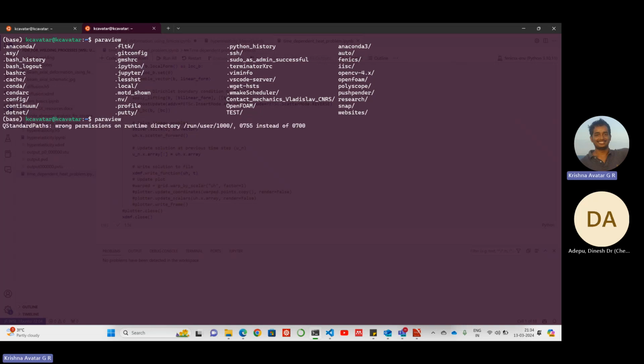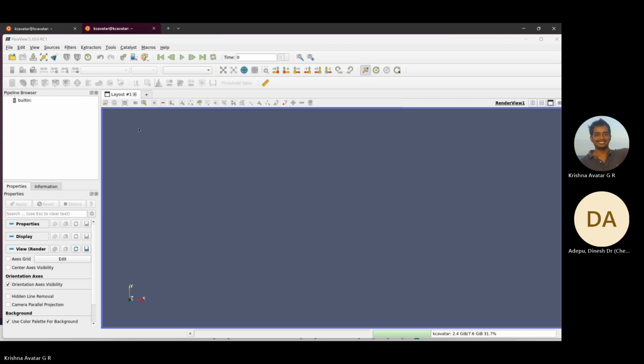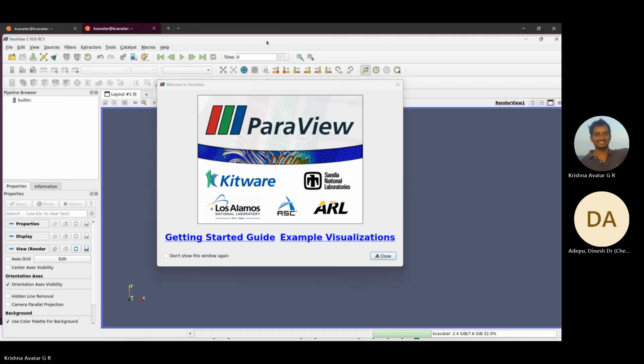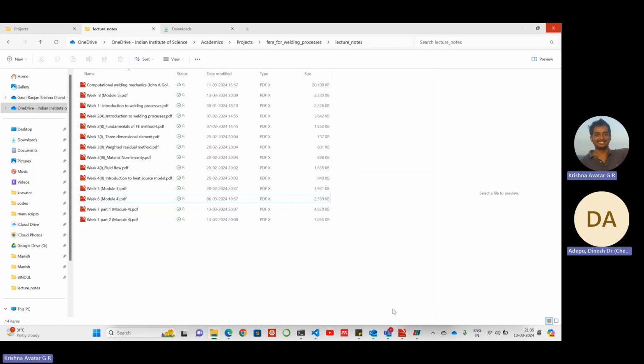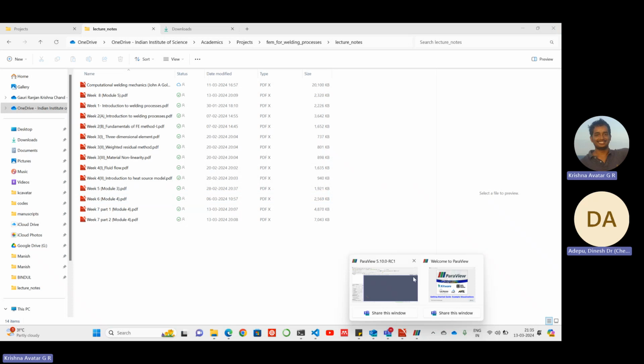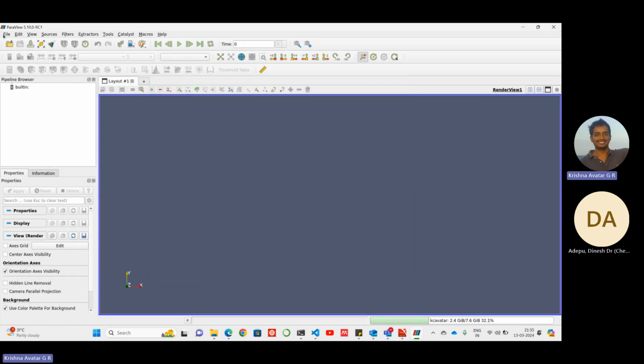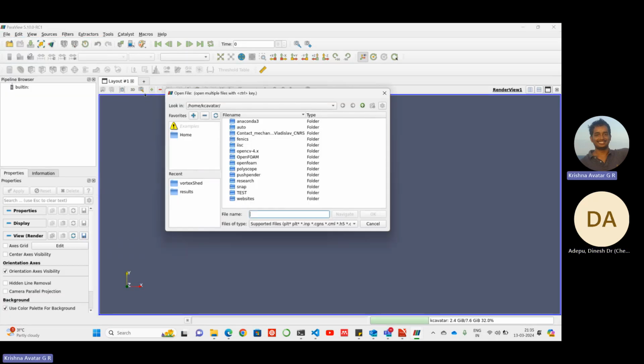You need to visualize this. Okay, don't worry. I have two versions of ParaView. I have one ParaView installed even on Windows, so if this takes too much time, we can just use that Windows version also.